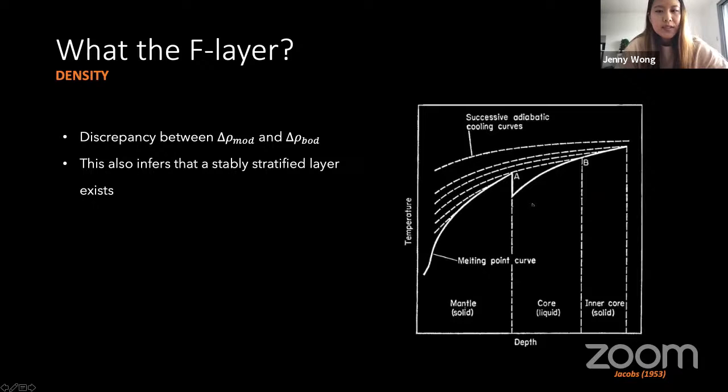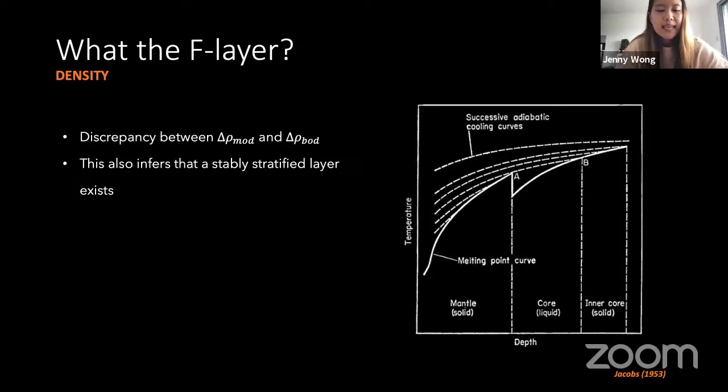This leads to the freezing of the solid inner core from the center of the Earth, because the melting curve is steeper than the adiabat. This freezing releases latent heat and light elements into the liquid, and these light elements can drive compositional convection in the core. This is thought to be the main power source for the dynamo in the present day.